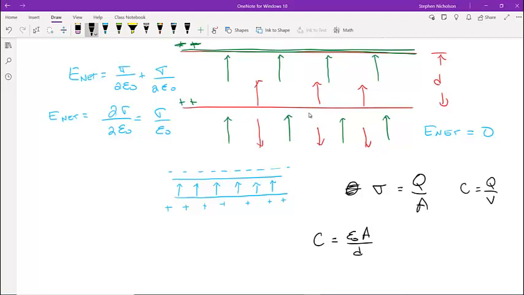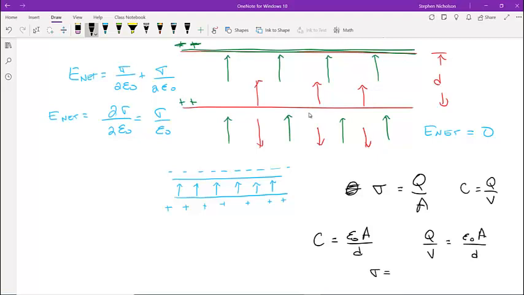So let's set these two equal to each other. Q over V, from the definition of capacitance, is equal to epsilon 0 A over D.